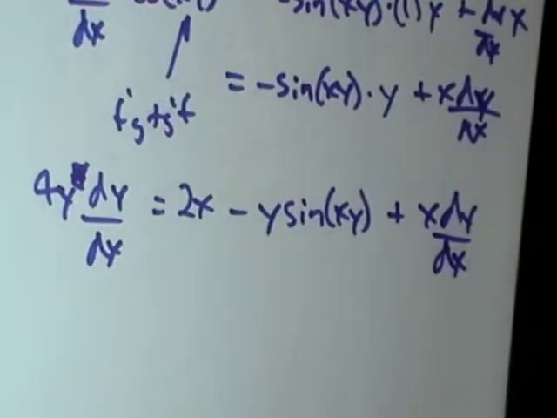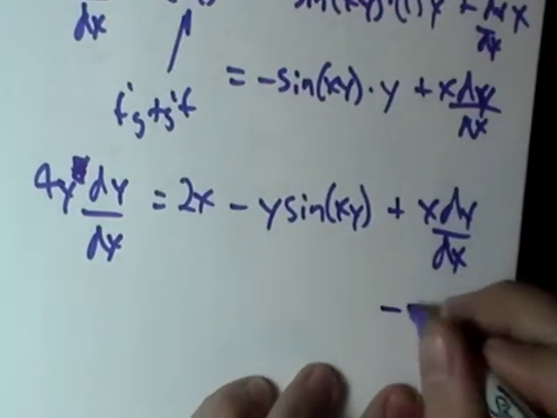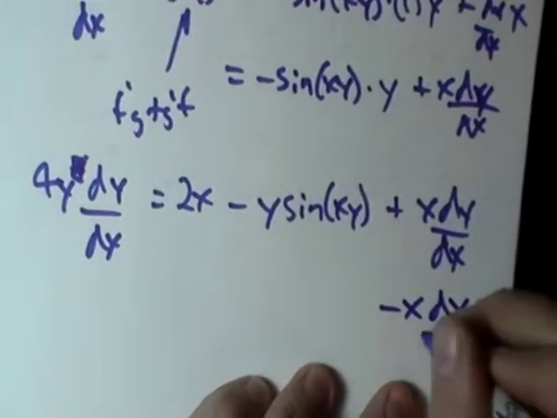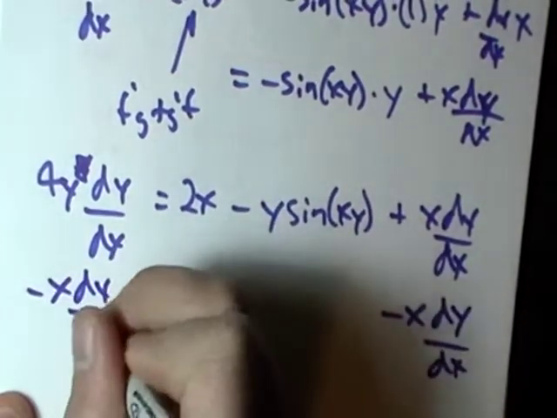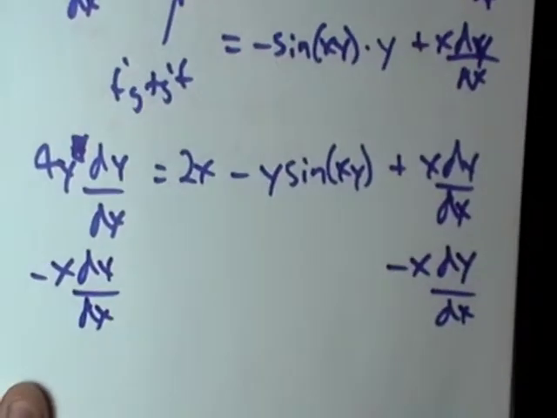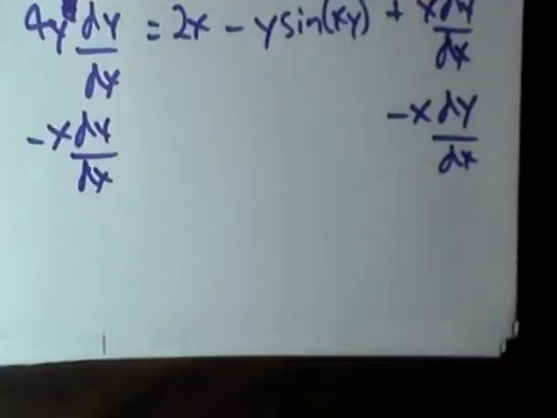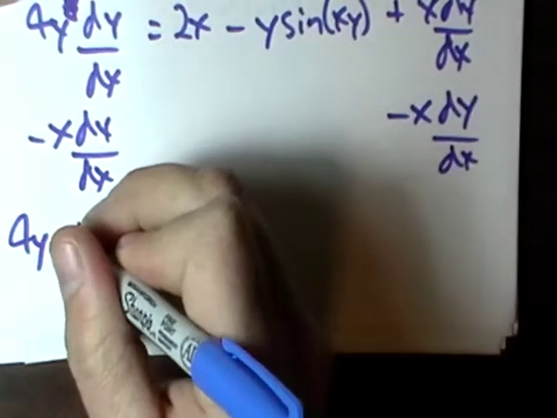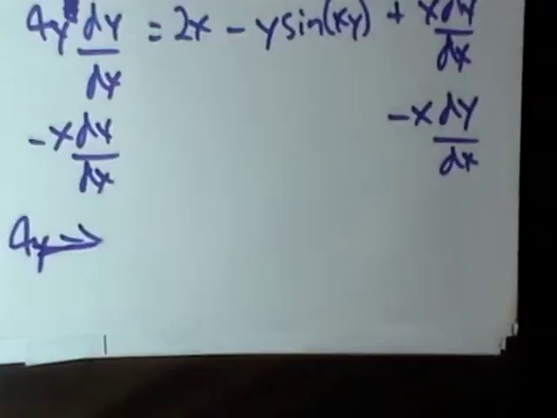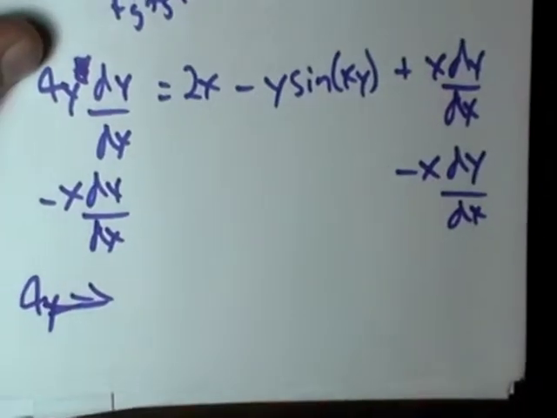Here we are, and I want to get dy dx, so let's just subtract x dy dx from both sides. And that should give me 4y minus, ooh, I'm gonna run out of paper again. Man, this thing's a big one. So let's see here.